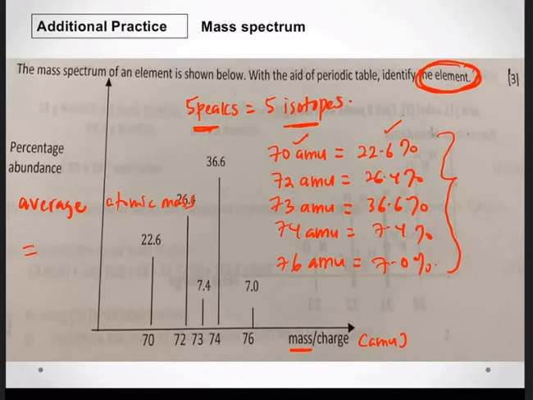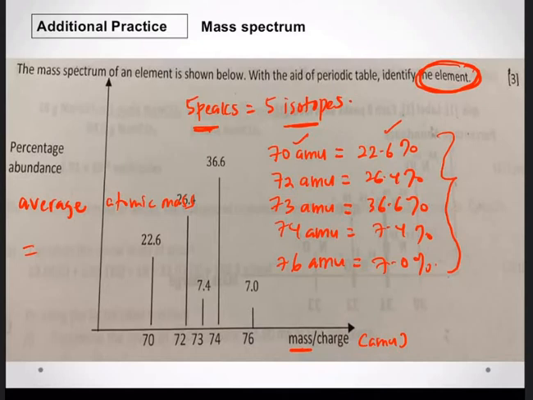Ada Arif nak bagi jawapan ni. Tujuh puluh empat ya.